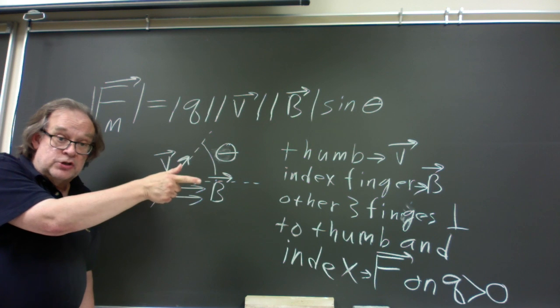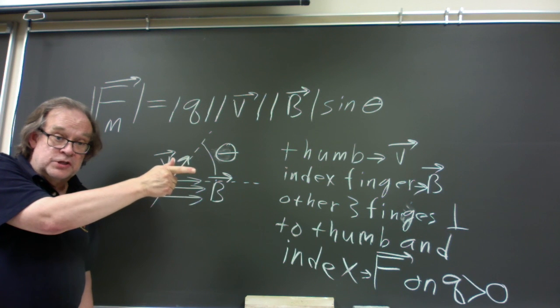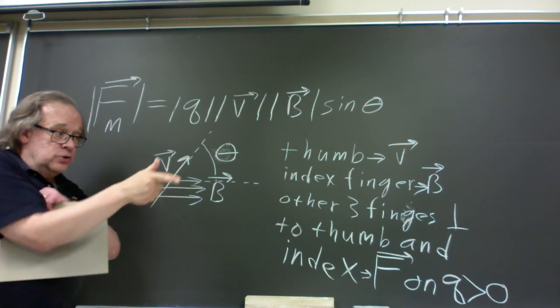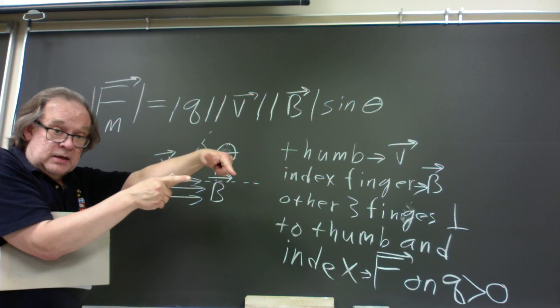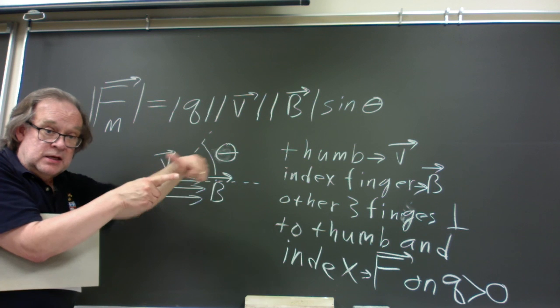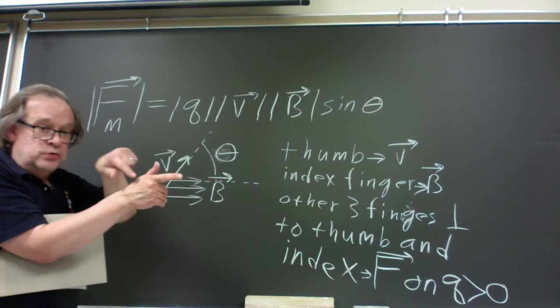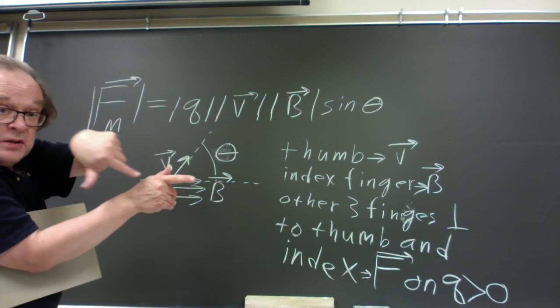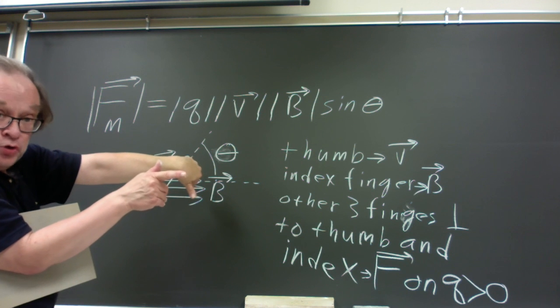Index finger in direction of the field, that's the second step. Curl your fingers, or twist your fingers, the other three fingers, until they are perpendicular to thumb and index finger, in other words, perpendicular to velocity and field. And when I do that, the fingers now point this way into the blackboard.